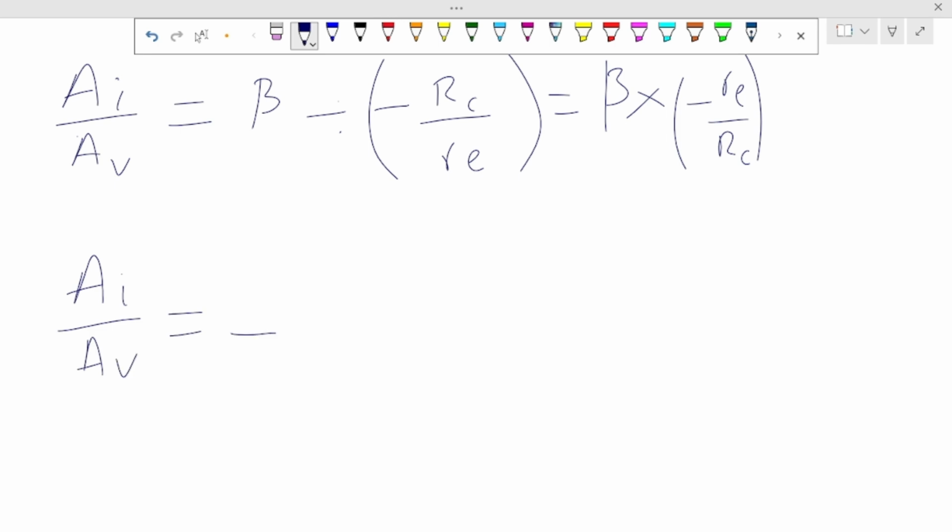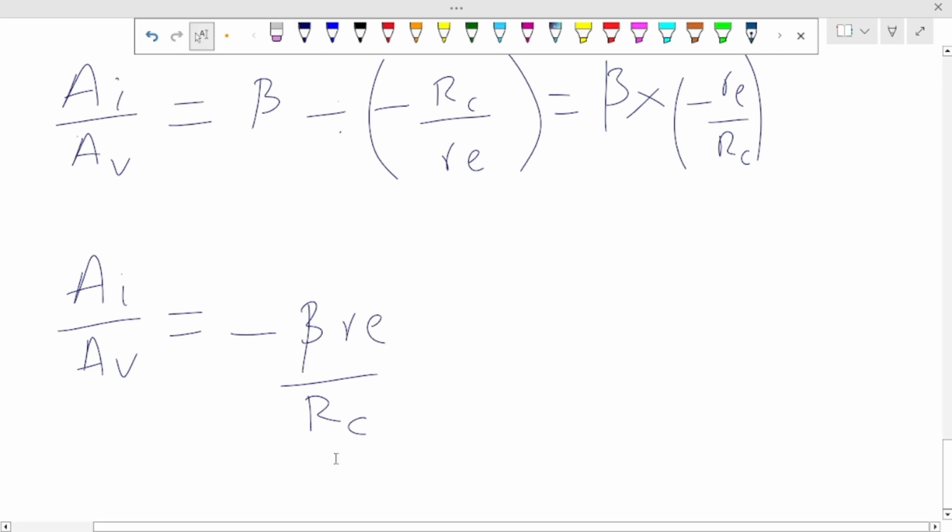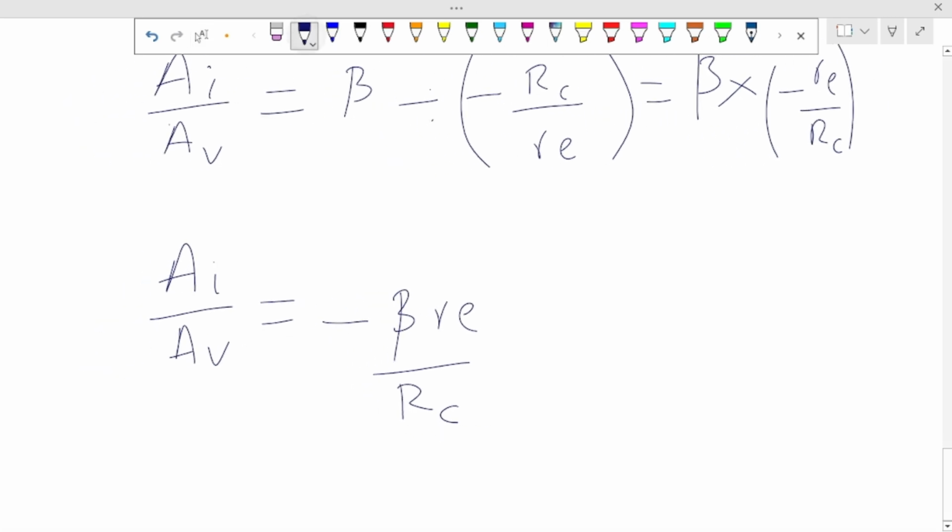So this will now be negative beta RE over RC. And of course beta RE, we know that is the impedance in. So we can even say this is negative impedance in over RC.